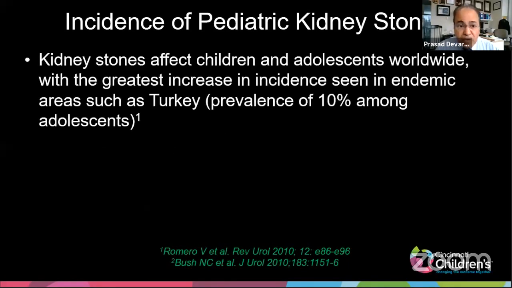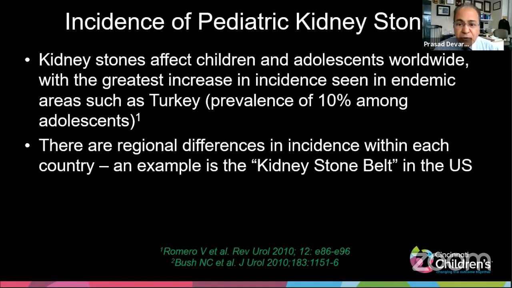It affects children worldwide. The greatest increase in incidence is seen in certain endemic areas. For example, in Turkey, 10 to 20% of all adolescents have kidney stones, 1 in 5 kids. Very, very common. Many other countries have what are called stone belts. Here in the US, we have a kidney stone belt, which is all the southern states.